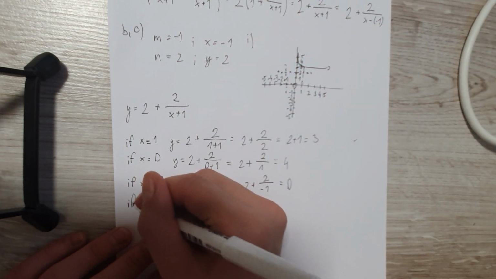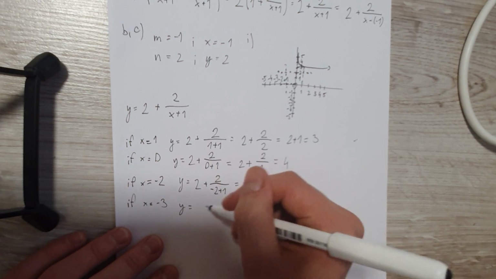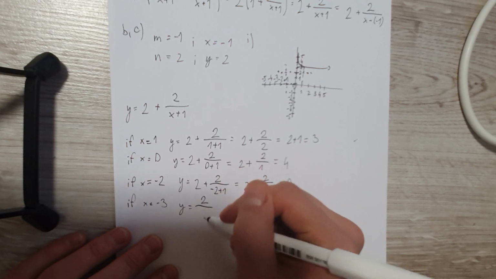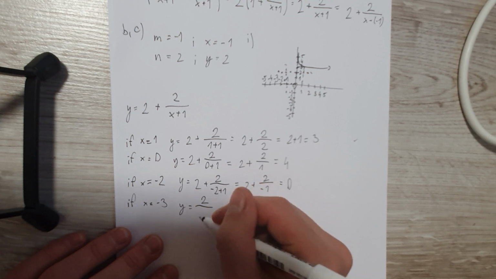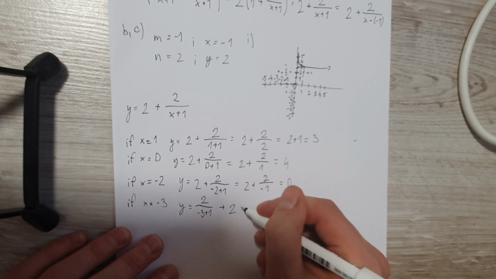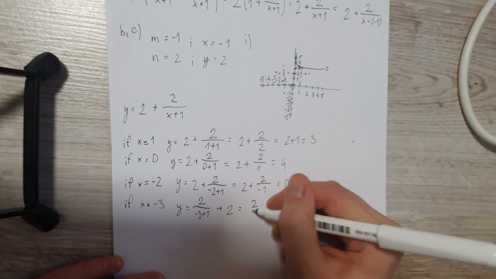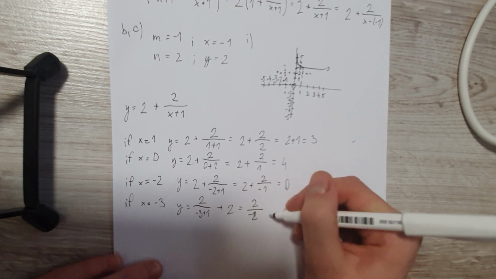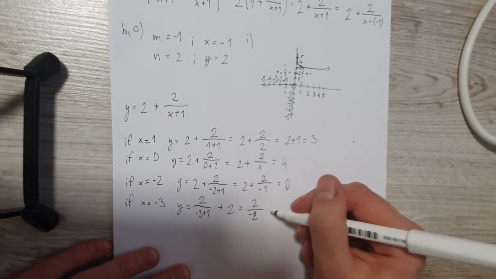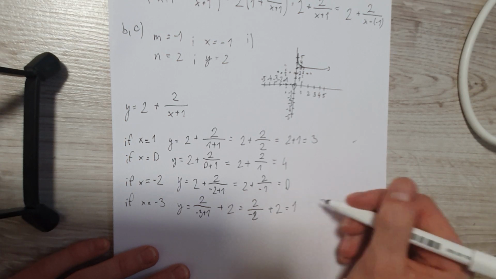And if x is equal to -3, then y is equal to 2 over -3 plus 1, plus 2. That is -3 plus 1, it's 2 divided by -2, which is -1, plus 2, and it's equal to 1.